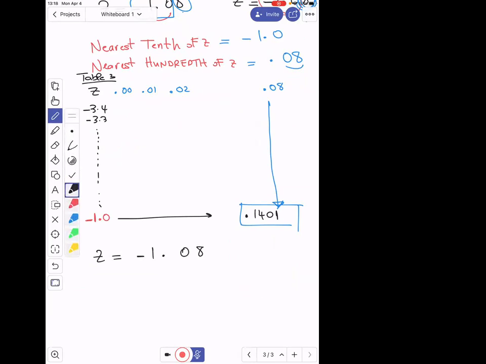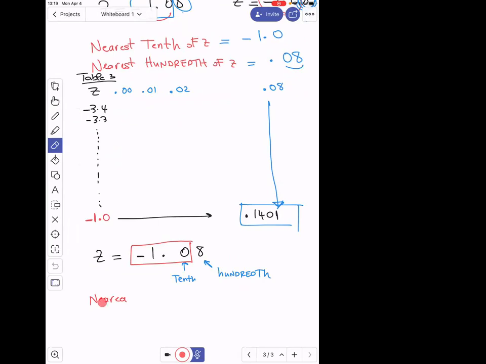The position of the tenth digit is this one here, and this is my hundredth. So my nearest tenth is negative 1.0.